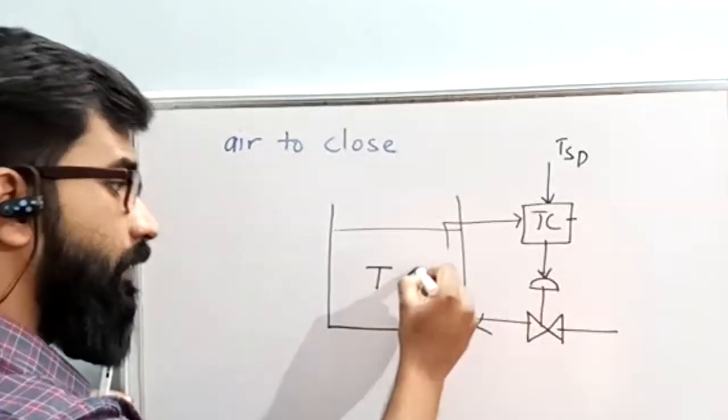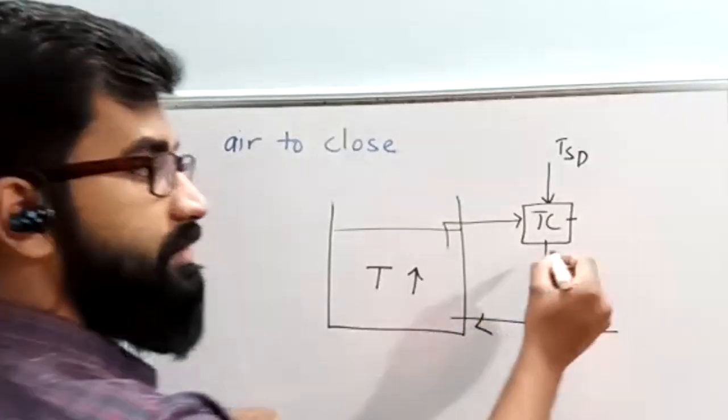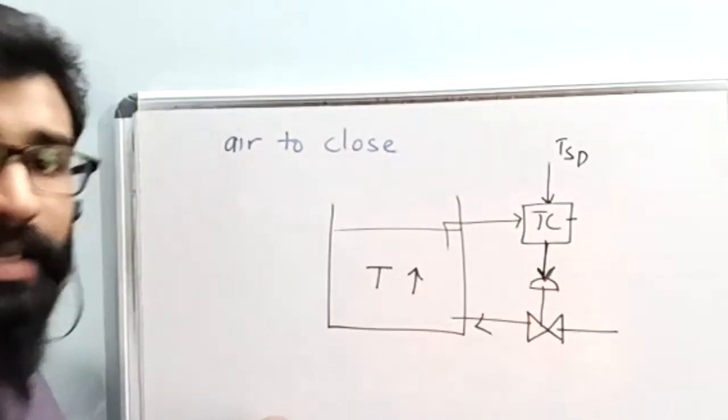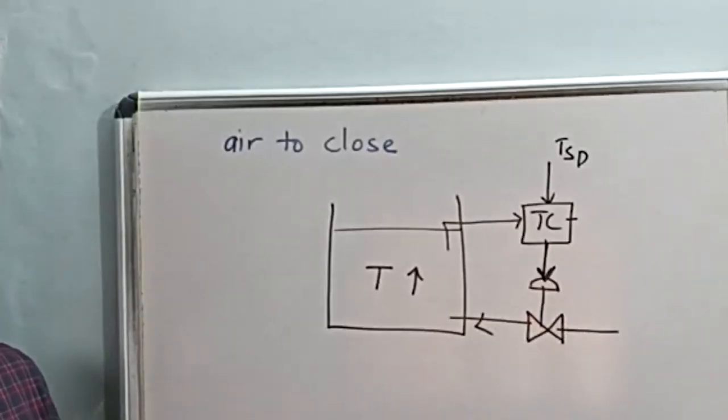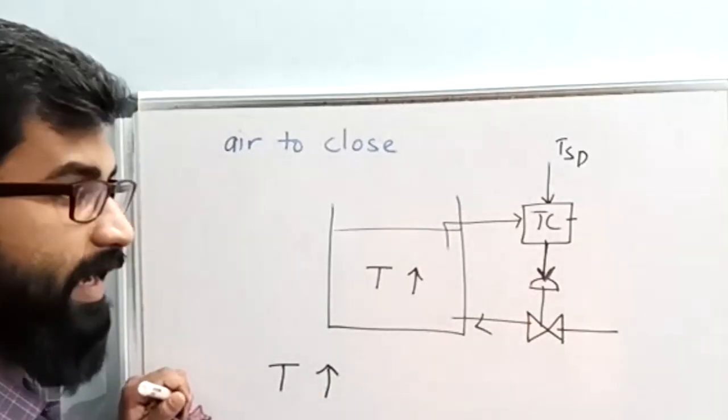We should decrease the temperature. That's okay, right? But what signal we should send to the valve? To increase pressure or decrease pressure? That's the question, right?